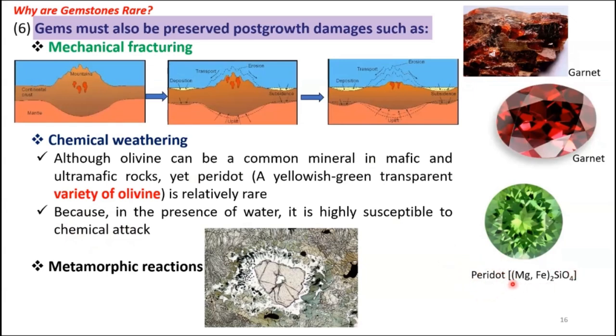So this is the formula of olivine. This particular d-block element, Fe2+, can absorb some wavelengths. The remaining wavelengths of the visible light spectrum create this particular color.